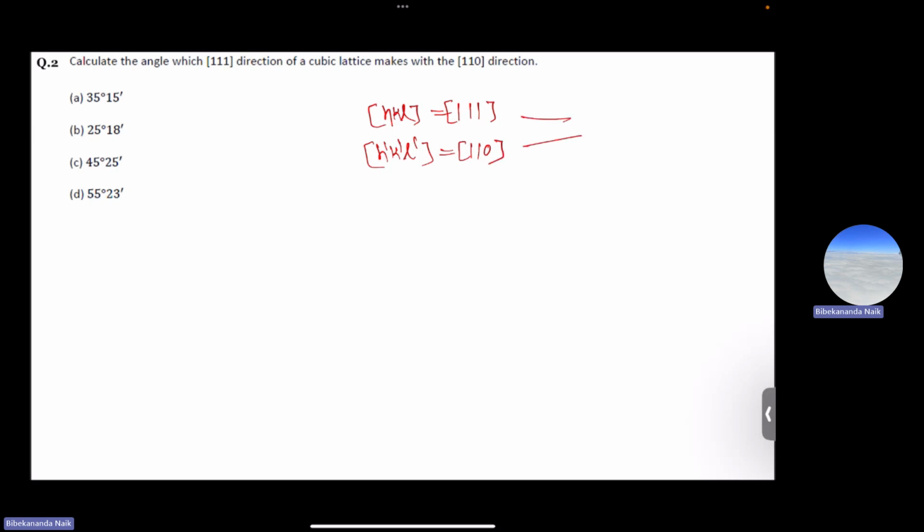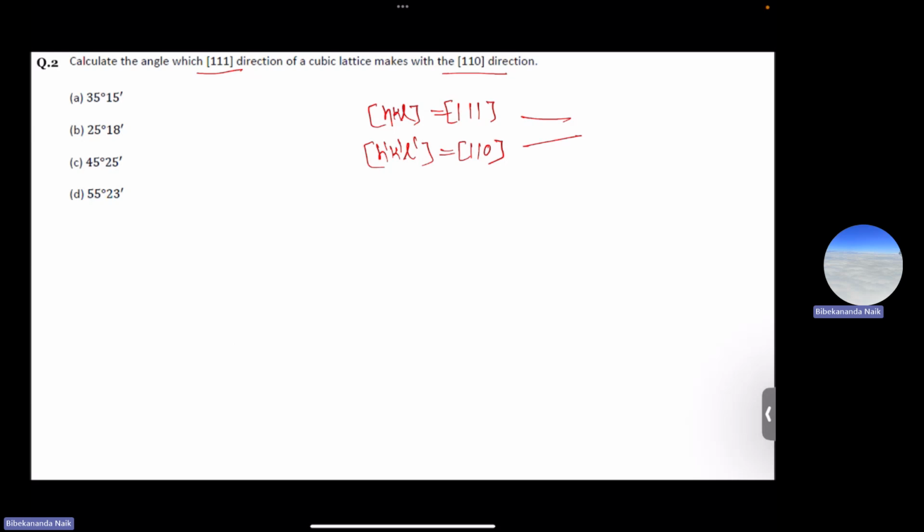These are the two directions given in the question. Simply, we need to find the angle between the two normal vectors, which are normal to the 111 family and the 110 family of planes.